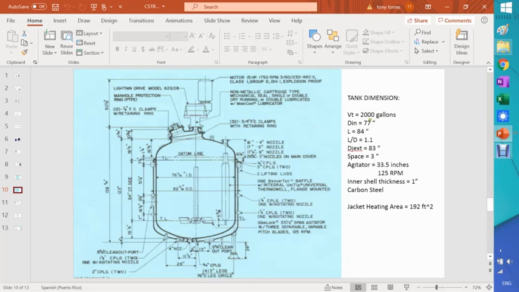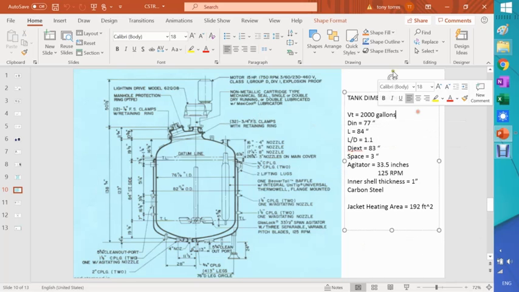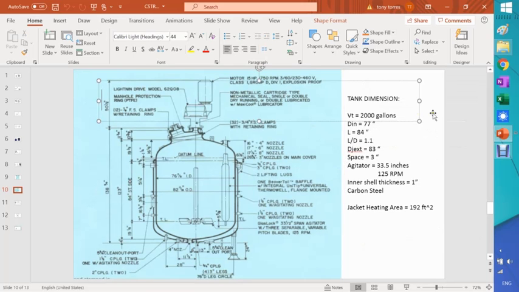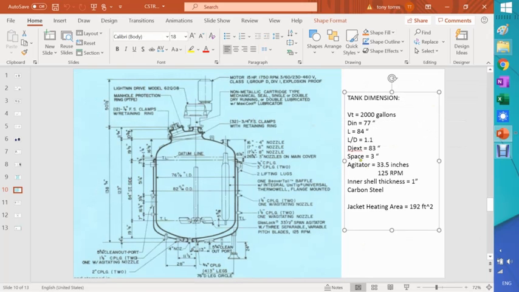For example, the volume of the tank is 2,000 gallons. That's what I call nominal value. The internal diameter of the vessel is 77 inch. The length 84. That gives you an L/D of 1.1. The external diameter of the jacket is about 83, and the space about 3 inches.